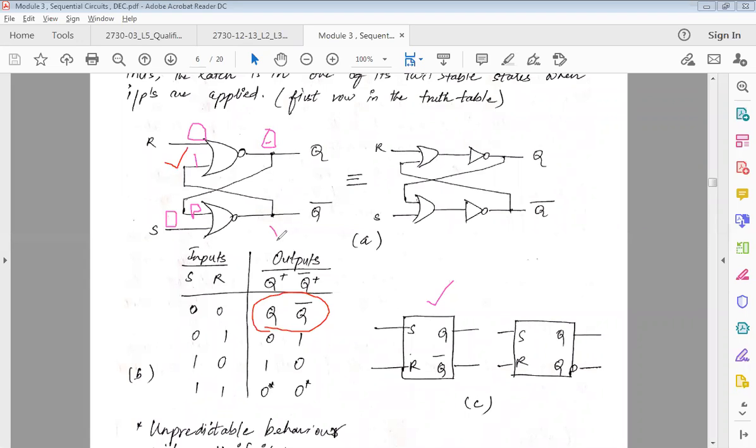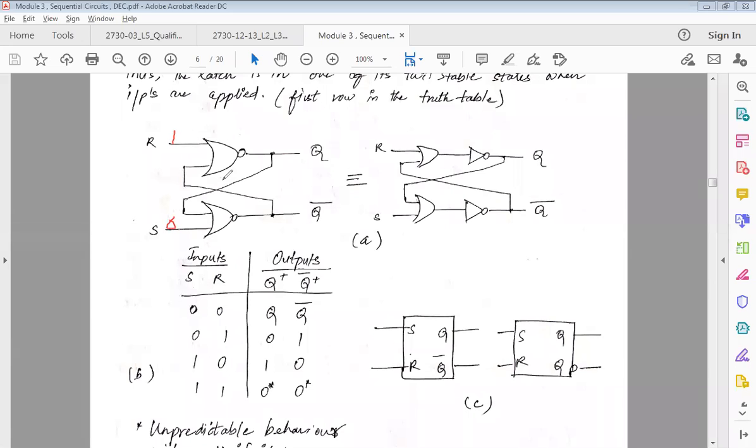Now let's go to the next case, when your S is 0 and R is 1.